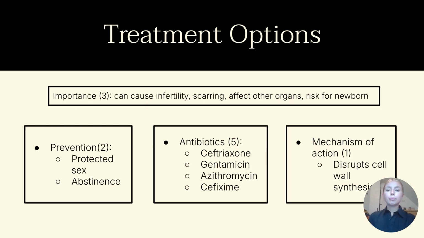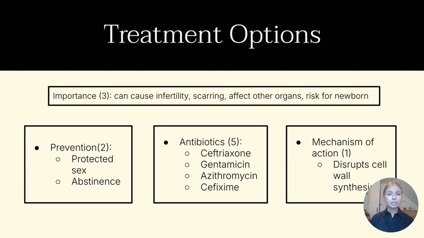A respectable medical center by the name of Cleveland Clinic has noted areas of importance for why treatment options are so significant in a gonorrhea case. Gonorrhea can cause infertility, scarring, affect other organs, and risks for newborns. With the infertility, this is associated with when the infection has spread past just the cervix into the uterus and into the fallopian tubes and ovaries.